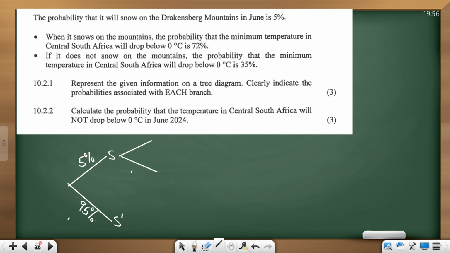Let's use below and above. Snow and above. You can use any letter. When it snows, we are dealing with snowing now. The probability that it will be below is what?